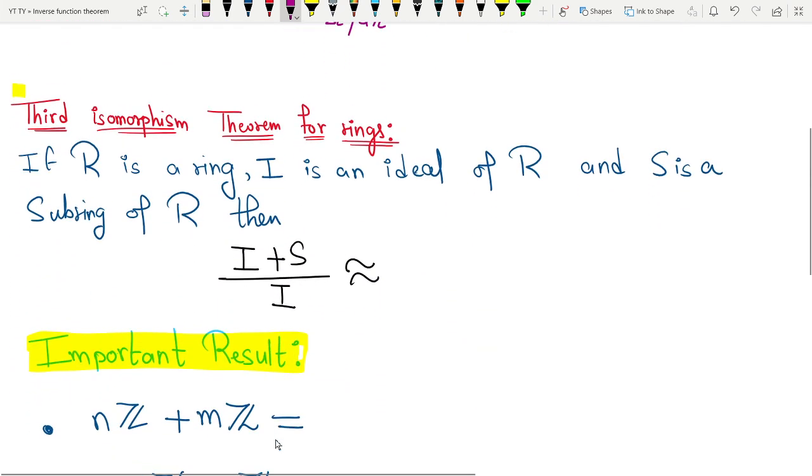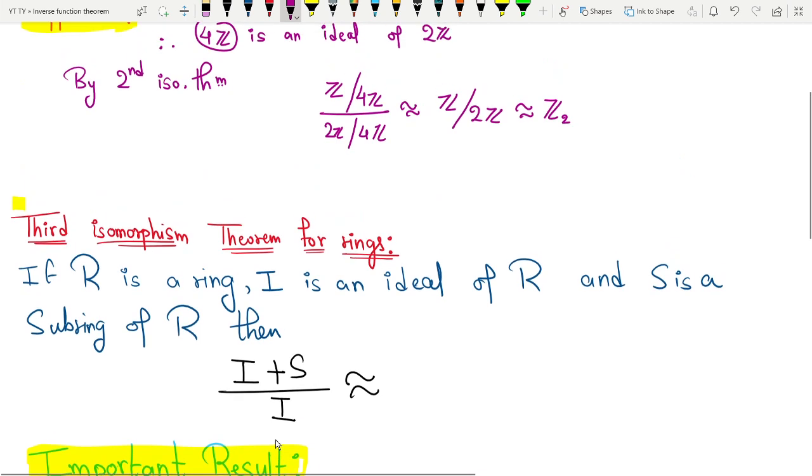If I call that the second one, I will call this the third one. If R is a ring, I is an ideal of R, S is any subring of R, then I plus S modulo I... Now, first thing is you should know how I plus S is defined, right? There are multiple things in this theorem that need to be proved.